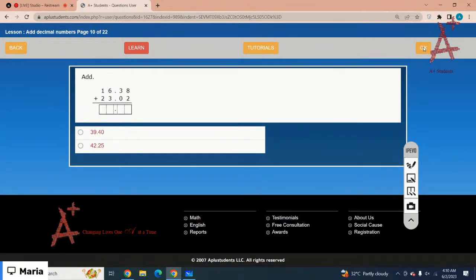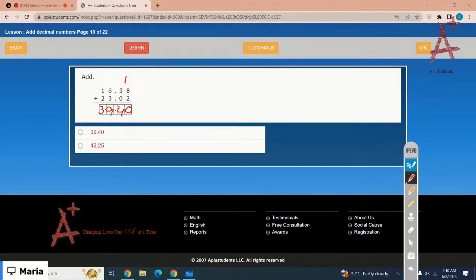Okay, the next one is add 16.38 plus 23.02. 8 and 2, 10. Write 0 and carry 1. 3 plus 1 is 4. 6 plus 3 is 9 and 2 plus 1 is 3.